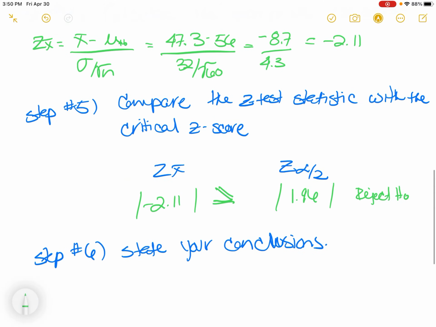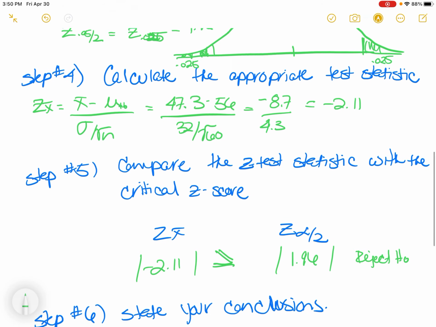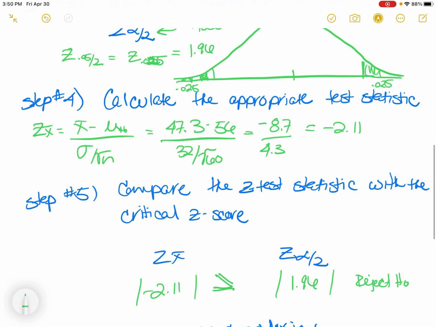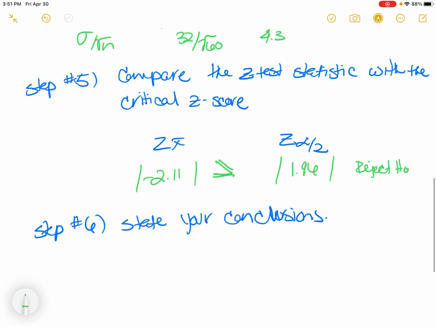So in this particular situation, we are going to reject H naught, meaning that somehow this falls into this area. The number of pages actually falls into this area, right?